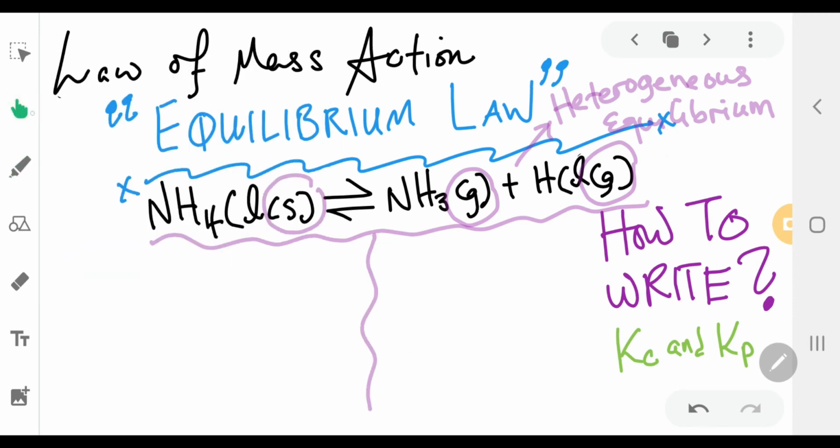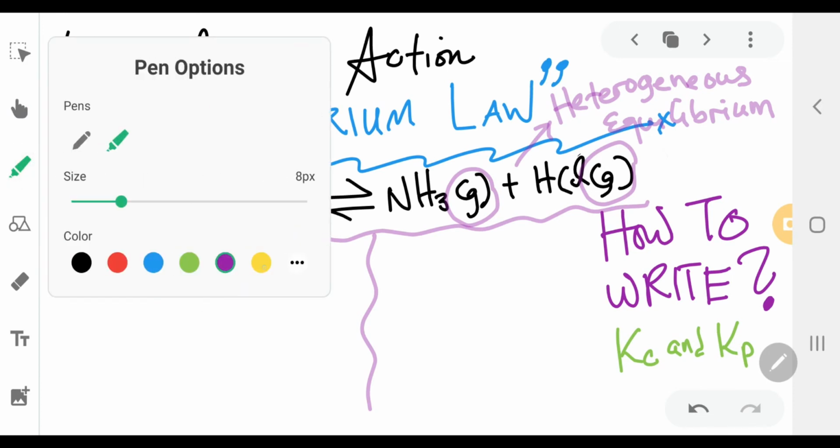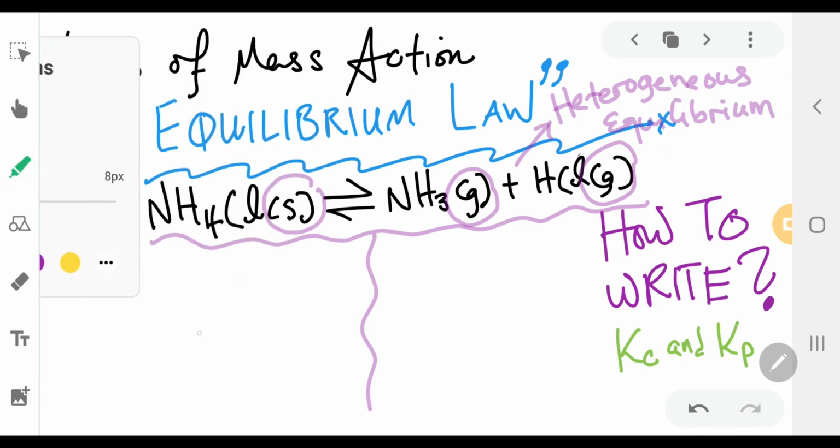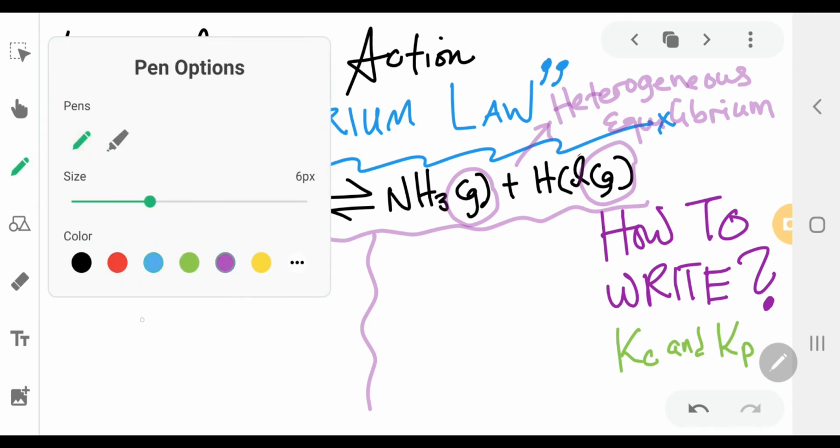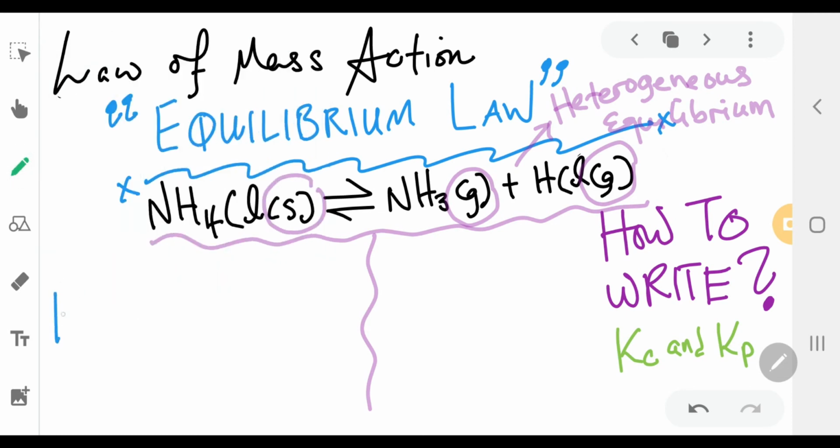Okay, since we have talked about just now, pure solid is not going to be included in the Kc and Kp expression because it is going to stay constant the whole time. So how do we write the Kc?